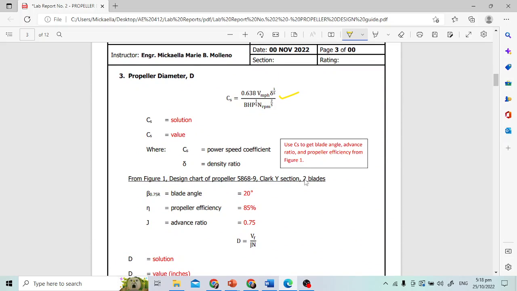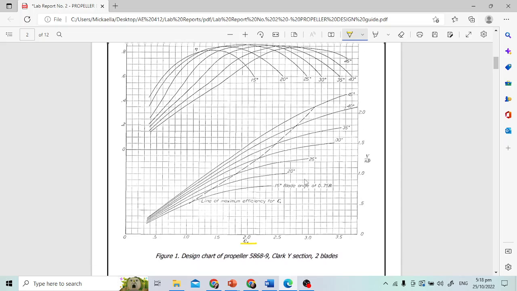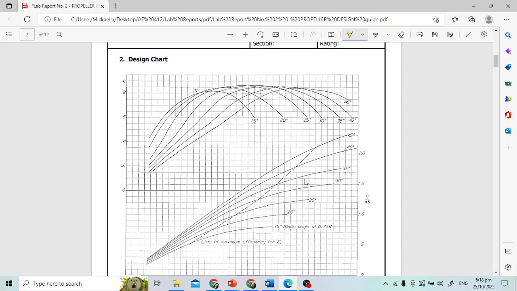Anyways, the next thing that you would be getting is yung propeller efficiency. How would you get the propeller efficiency? As you can see, it is indicated dito sa left part ng ating chart.